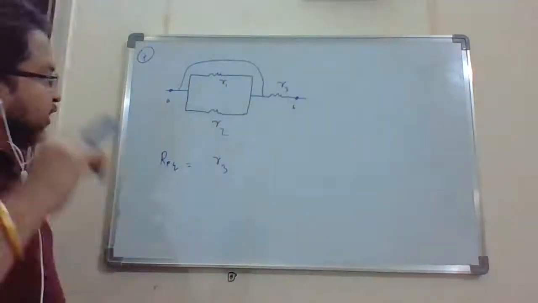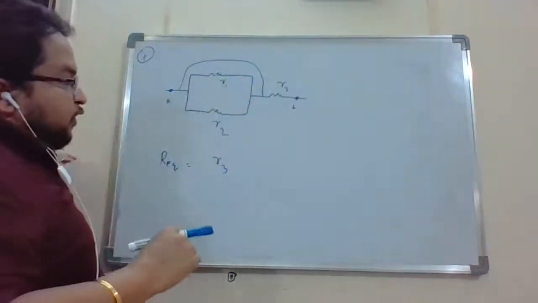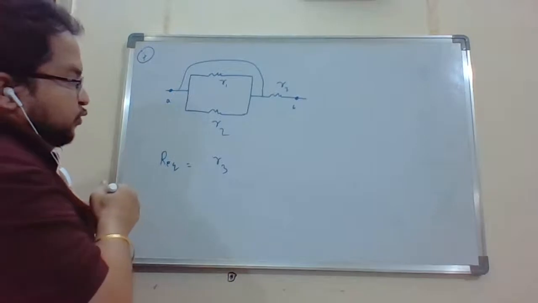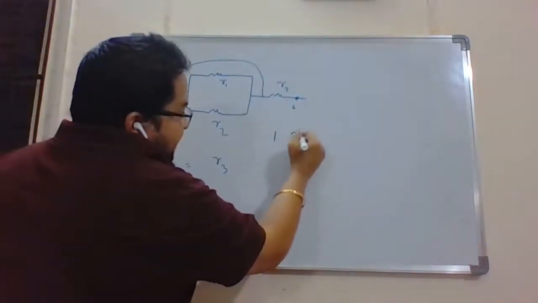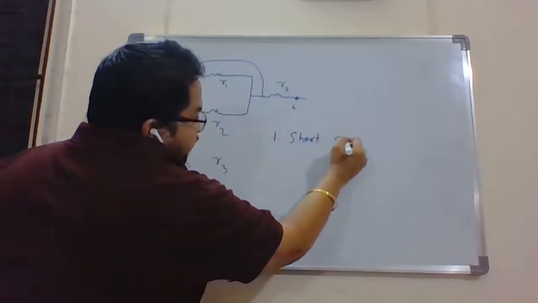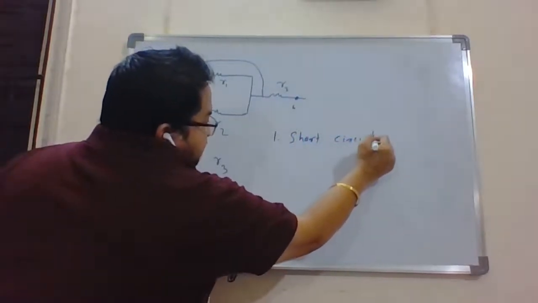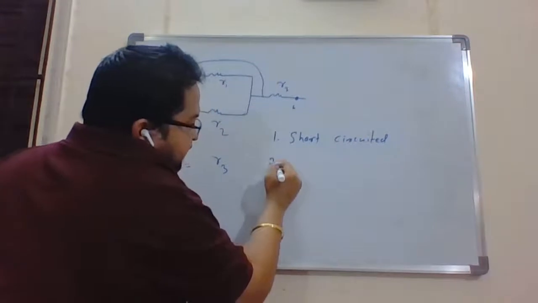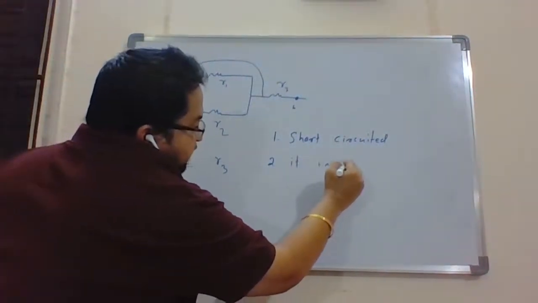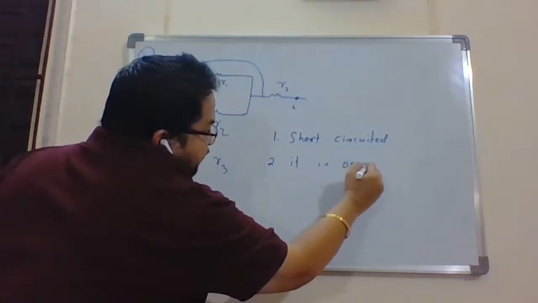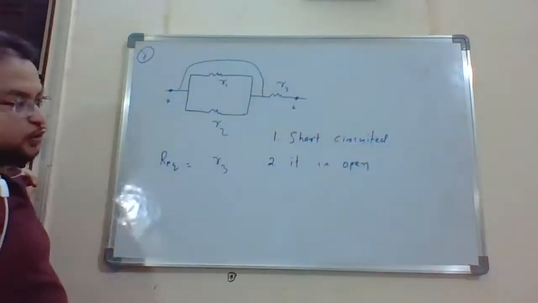Okay, and why will current not pass through? So current normally doesn't pass through a particular segment if, first thing, it is short circuited. Second is when it is an open part of the circuit, if that part of the circuit is not closed.